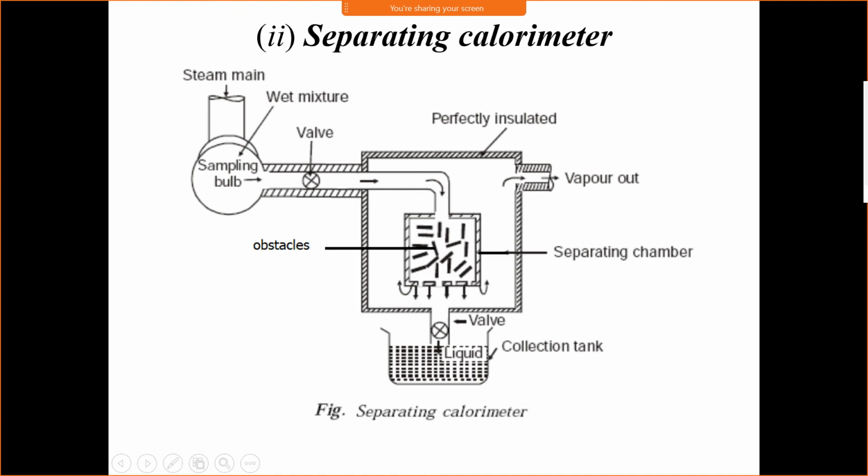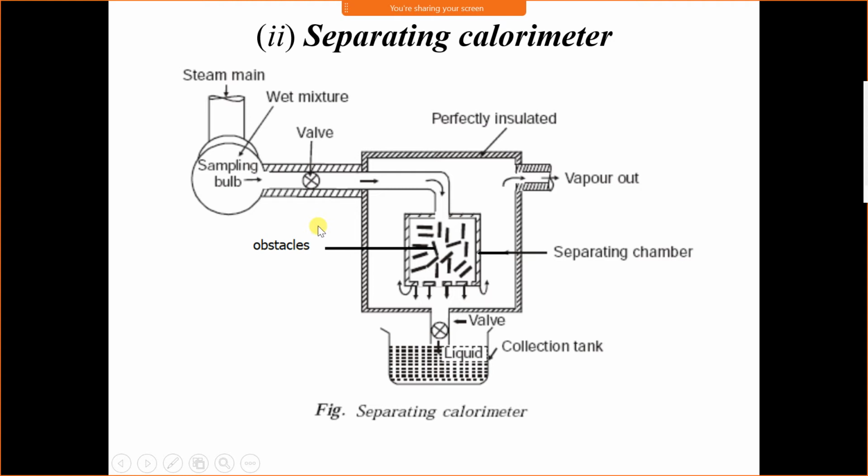Now second, the separating calorimeter. The method of determining dryness fraction in a separating calorimeter is entirely different from the throttling calorimeter.